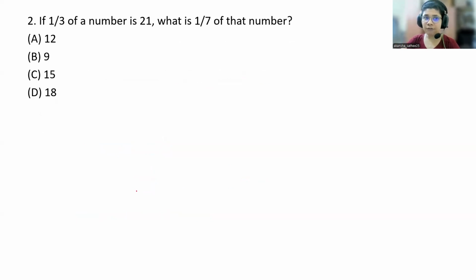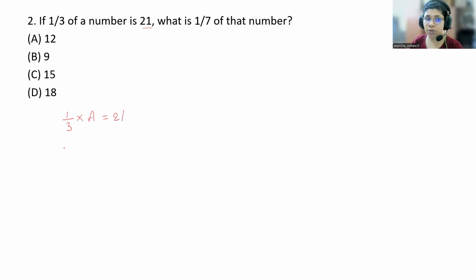Next problem. If 1 by 3 of a number is 21, what is 1 by 7 of that number? Here they are talking about some number, let's say a. 1 by 3 of a is 21.